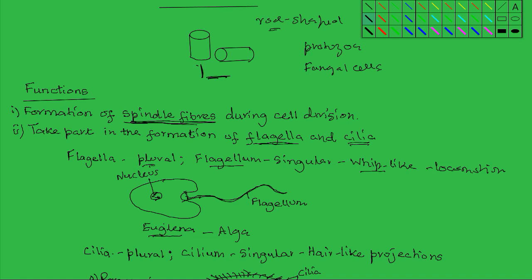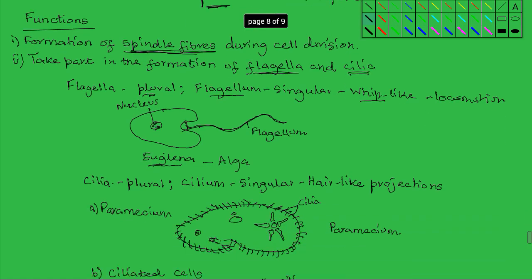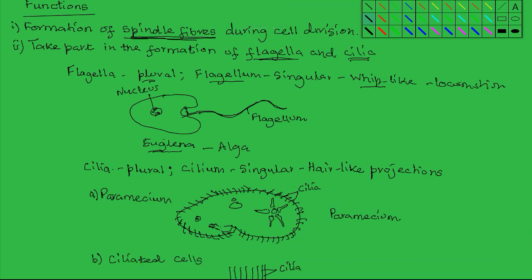Now, the other type of projections that come from cell surfaces and whose formation is organized by the centriole are the cilia. That is plural, one cilium, singular.